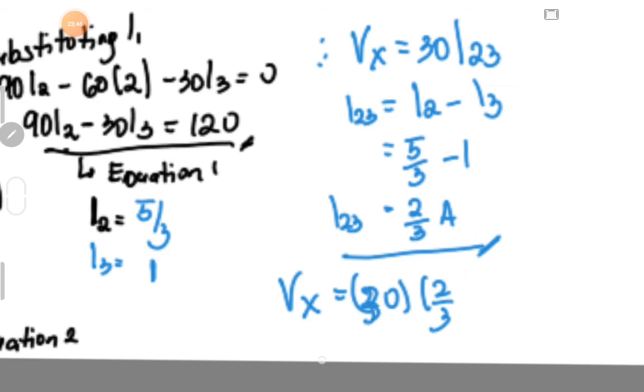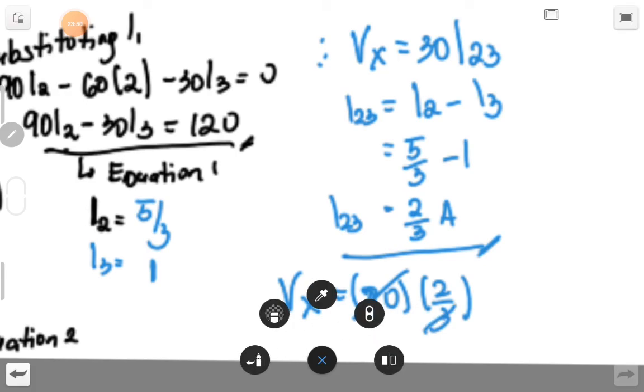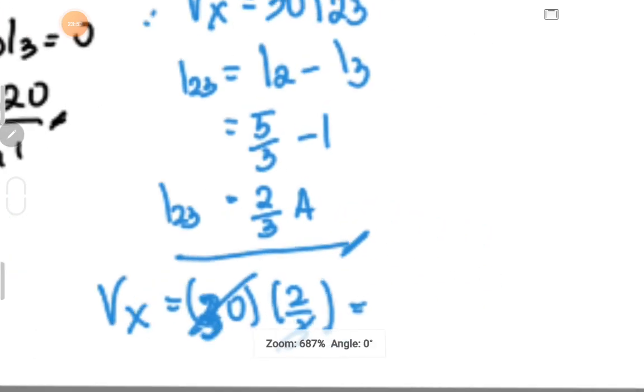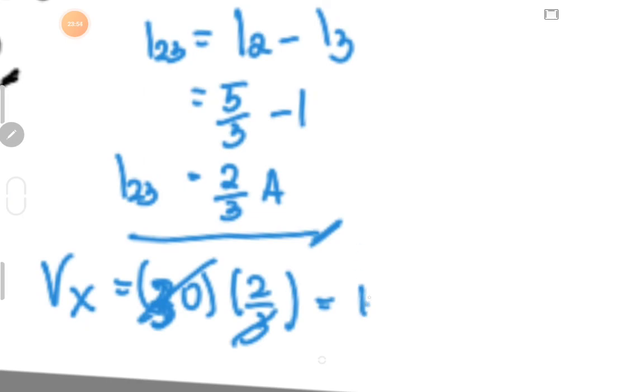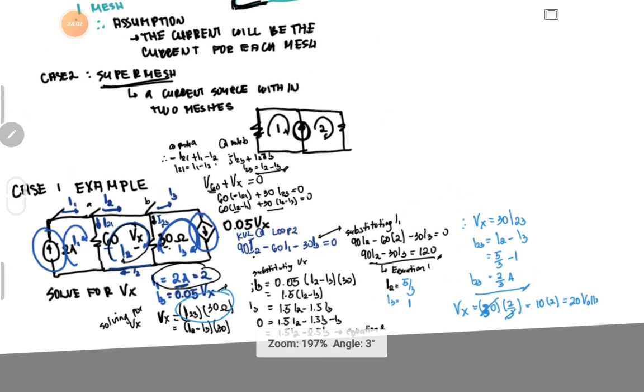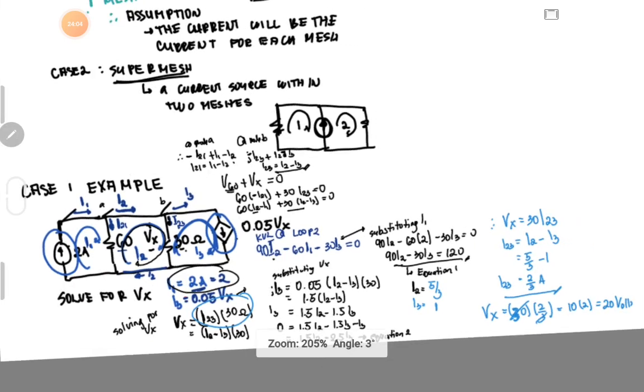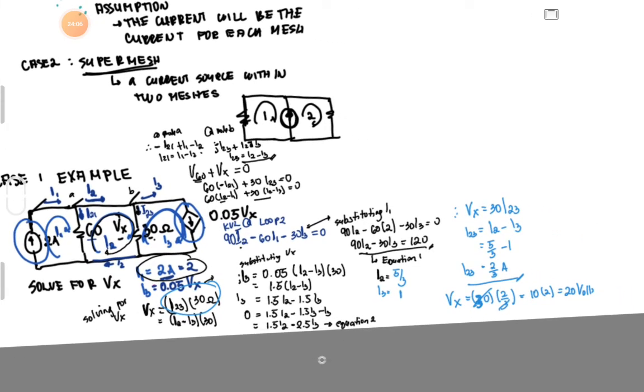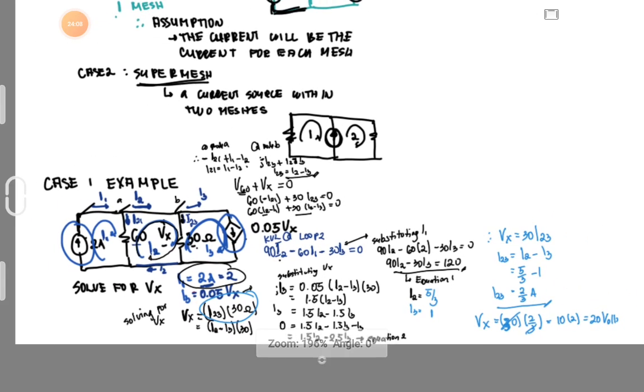So we have 30 multiplied by 2/3, so makakancel yan. So we have 10 multiplied by 2, we have 20 volts. Okay, that is our Vx. So medyo madali siya or medyo mahirap siya. It is up to you guys. Okay?